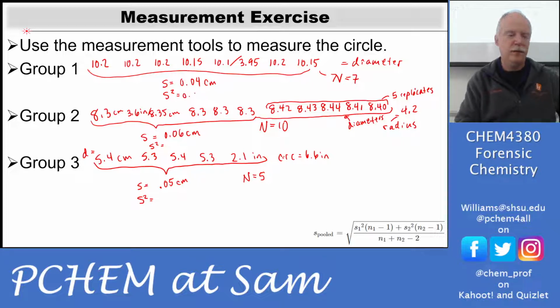I should be able to do it in my head. 4 times 4 is 16, but let's see. Yeah, 0.0016.